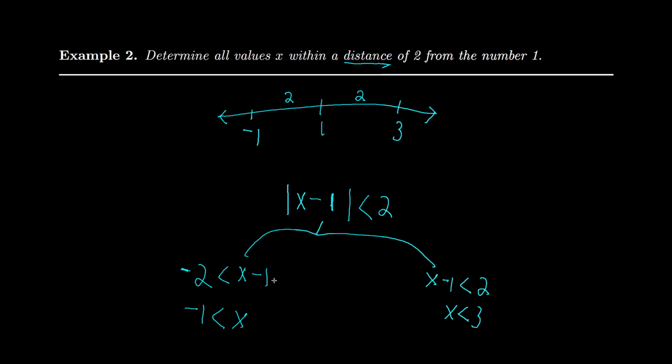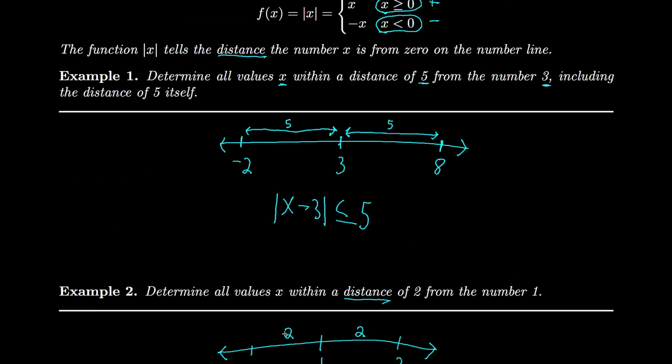You can even write both of these things together, and I'll do it in a nice orange here. You can write both of these things together as the compound inequality, negative 1 less than x less than 3. Now, we said that this is within a distance of 2 from the number 1. Notice how there is no equal to here. Okay? But if we scroll back up to the previous example, you'll notice that there was an equal to.